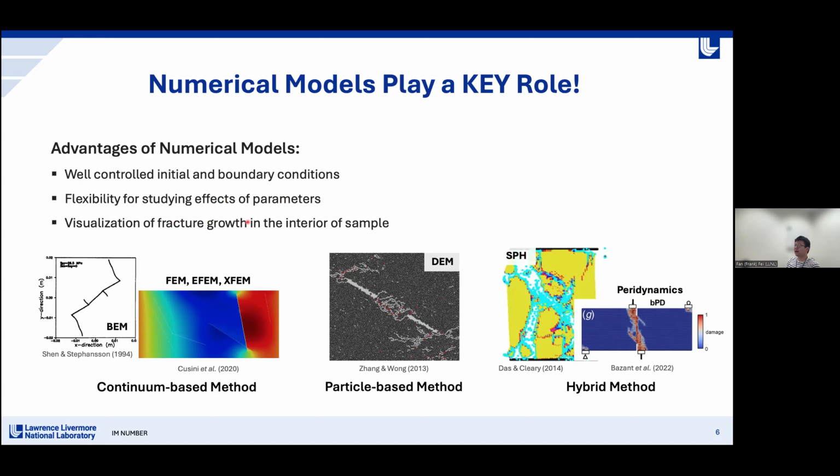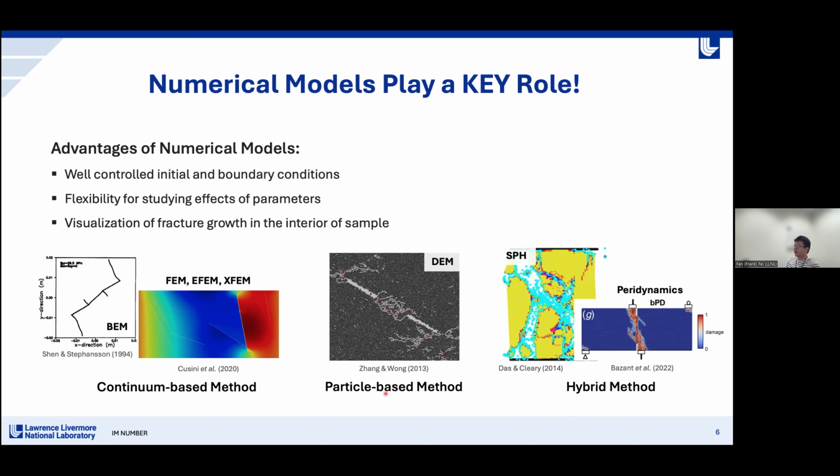And because of this high demand of numerical modeling to study geological fractures, a wide range of tools have been developed. Here, I've divided them into three categories. The continuum-based methods, which include the classic boundary element and finite element methods, as well as some more advanced methods like the embedded or enriched finite element method and the extended finite element method.